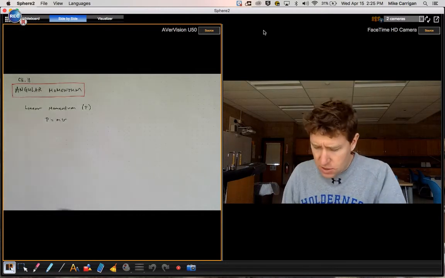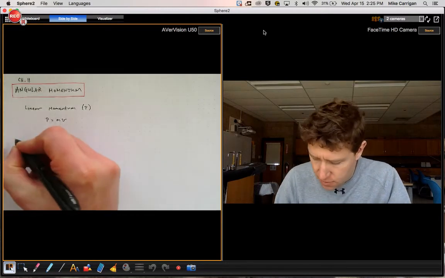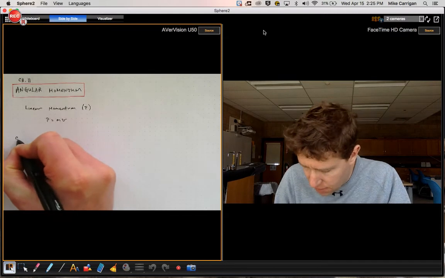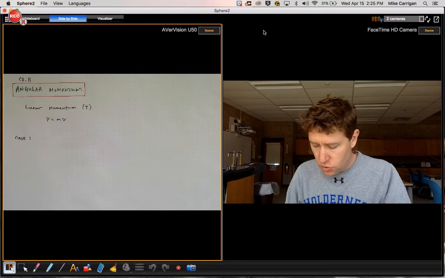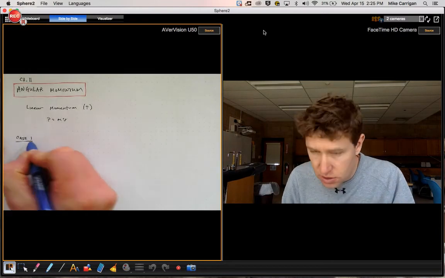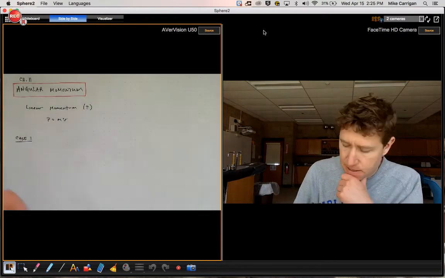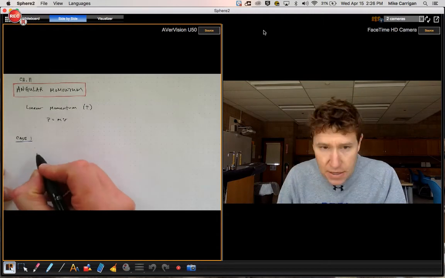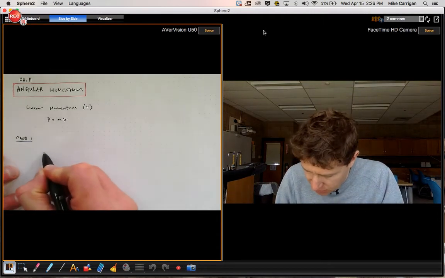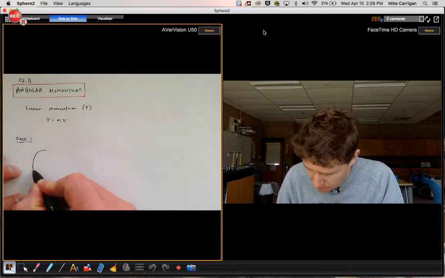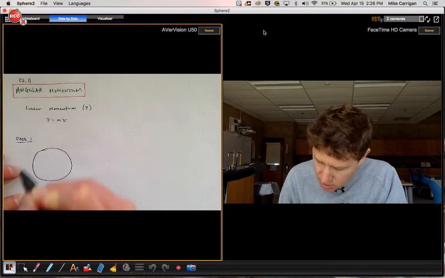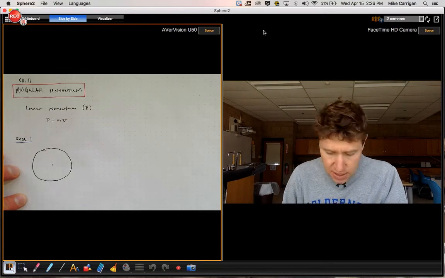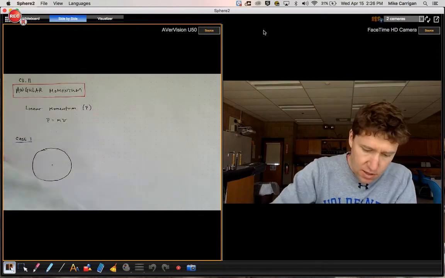I want to start with maybe that very example. It turns out we're going to have two cases for angular momentum, two very different situations. The first case is what I just mentioned: if you have an object, I could imagine maybe a turntable or a merry-go-round that's able to spin, maybe like so.